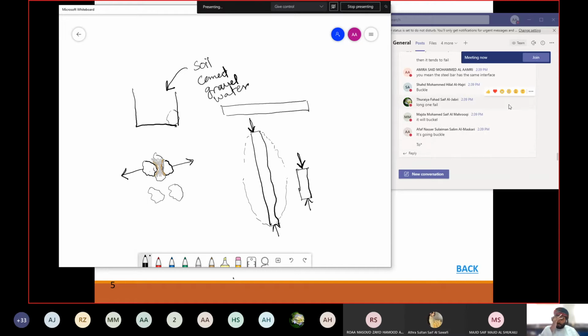If I have a stick, why would it buckle? Because of the length? Or something else? Is it only length?